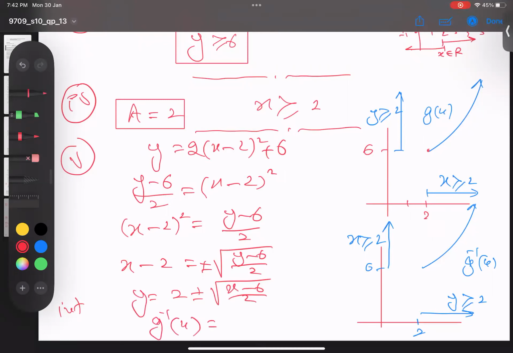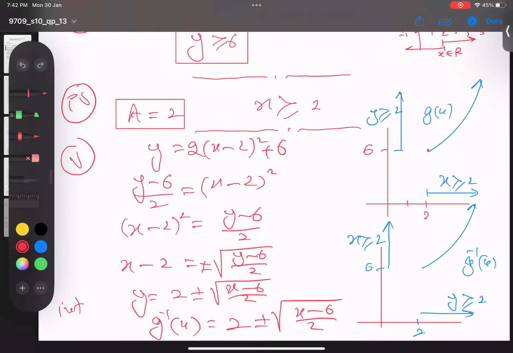That's it. But one thing is left. And what is that? We have to decide here whether to plug in the plus sign or the minus sign. That is the important part here. So we have to look at the inverse function. Whenever we write plus and minus, make sure we concentrate on the range value of the inverse. Is the range value growing or decreasing?